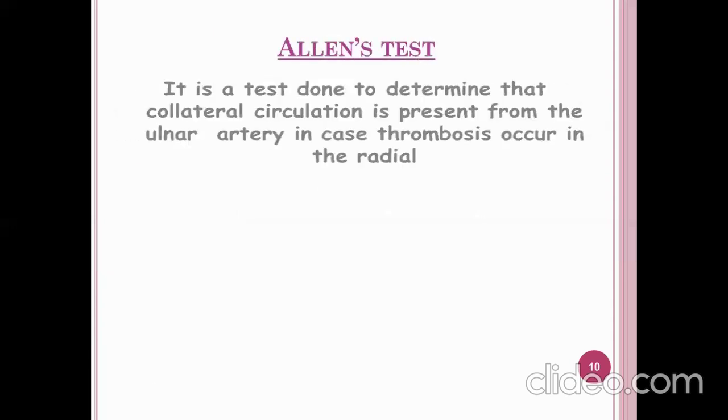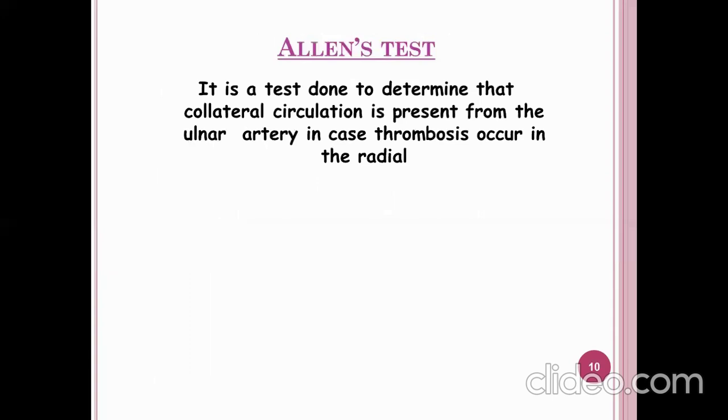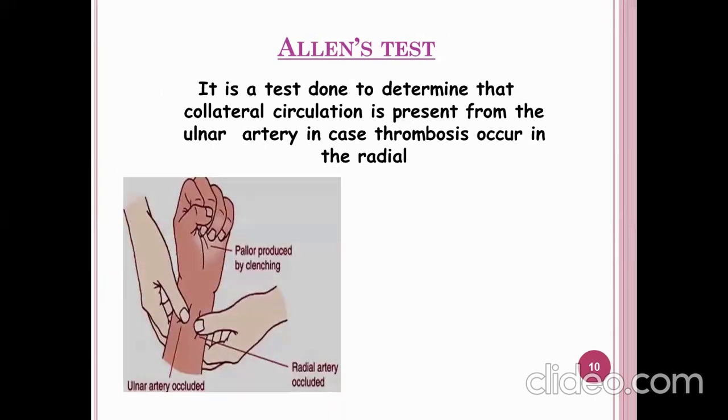Coming to Allen's test, what does it mean? It is the test which is done to determine whether collateral circulation is present from the ulnar artery in case thrombosis occurs in the radial artery. This is a physical examination by which you can find out whether proper circulation is there or not.